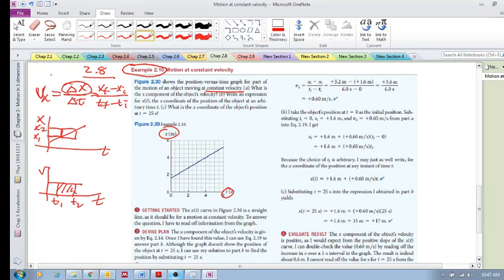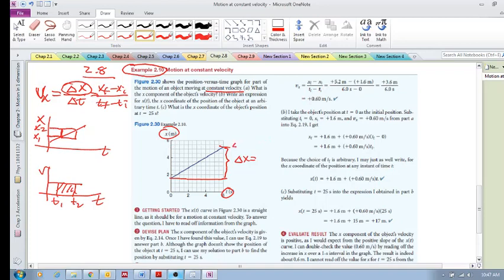So we know velocity is given by delta x over delta t. It's up to you, but you can choose any delta x and its corresponding delta t. What they do is they choose this entire delta x here, right from this point to that point.